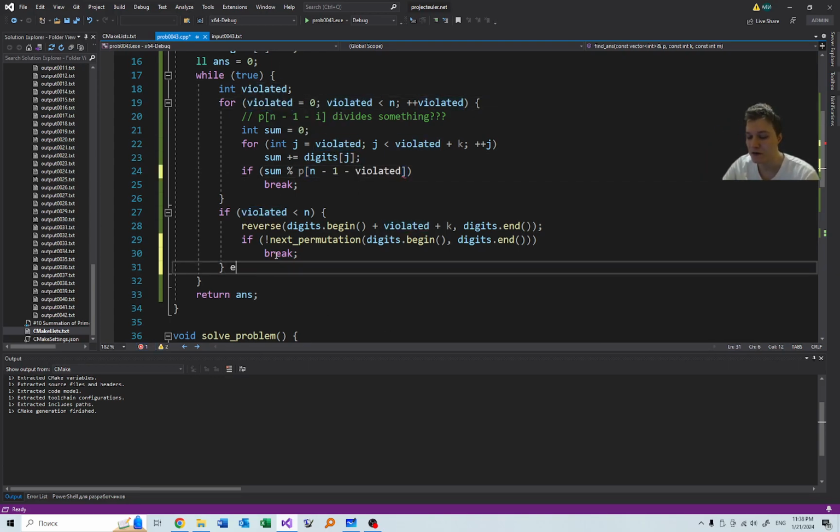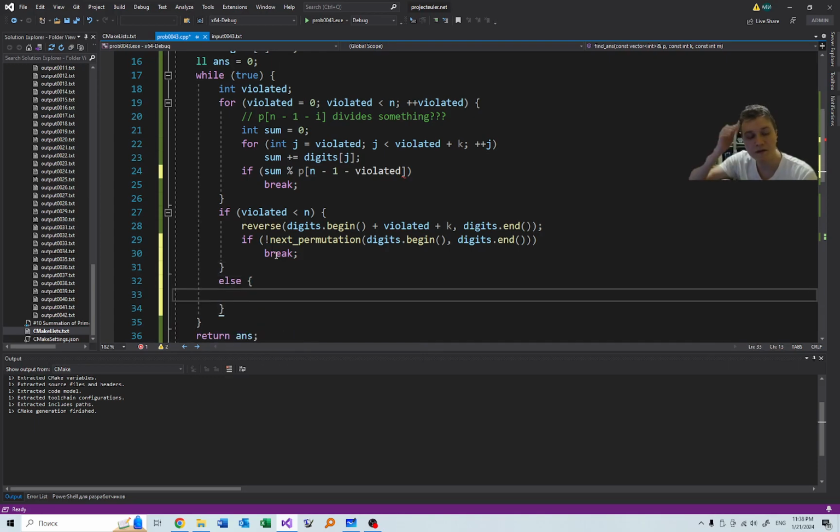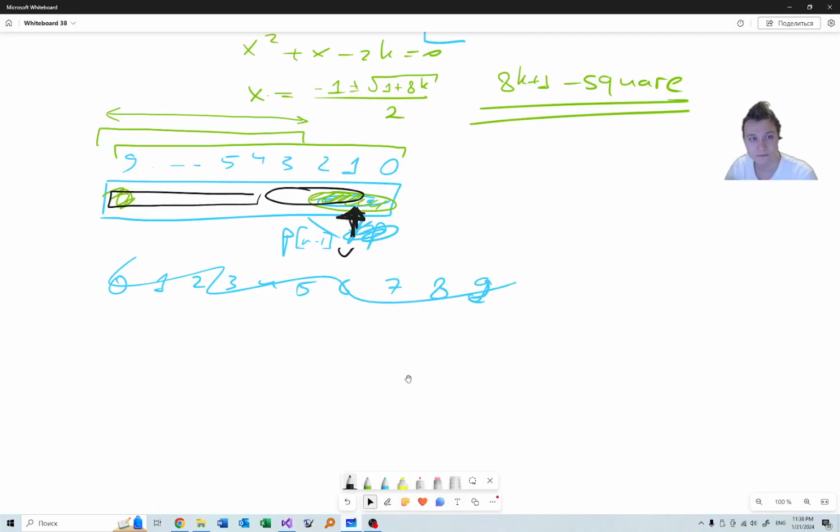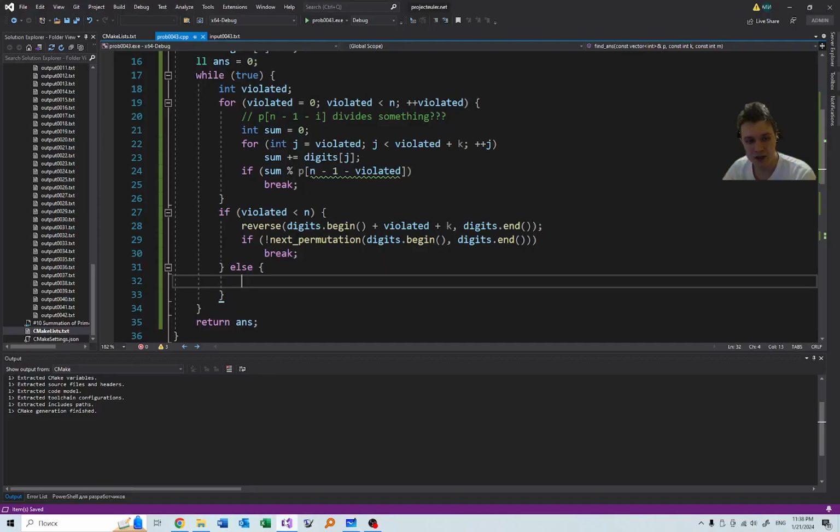However, if it is not the case, then we have found a number. Then we need to print it, or rather add it to the answer. So let's first of all calculate this number.